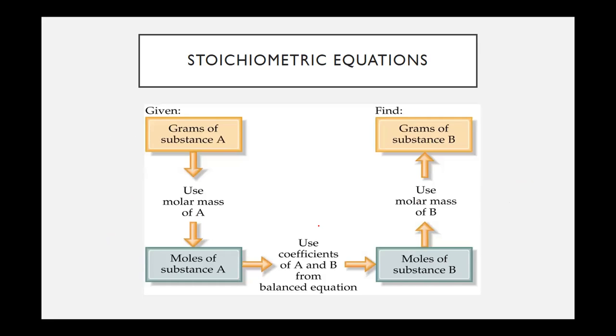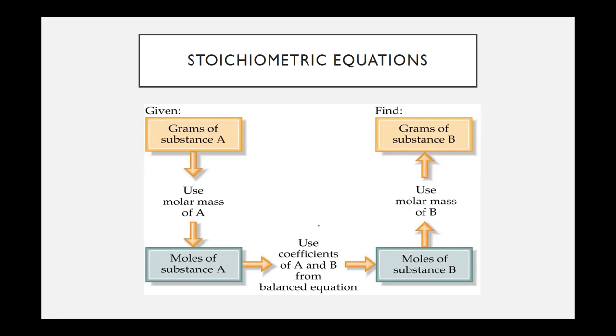So ito, grams of substance A. To get the mole, we use the molar mass of A. Then para makuha natin yung moles of substance B, we use the coefficients of A and B from the balanced equation. So napakahalaga na tama yung balanced equation natin.